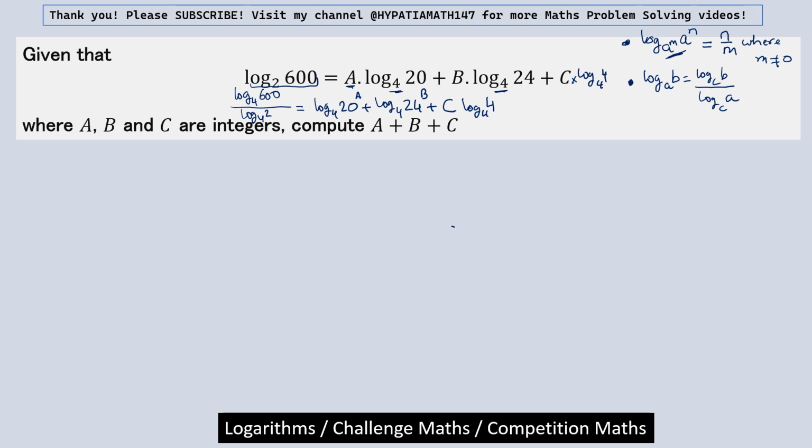So next, I can write log to the base 4 of 600 divided by log to the base 2 square of 2 to the power 1.